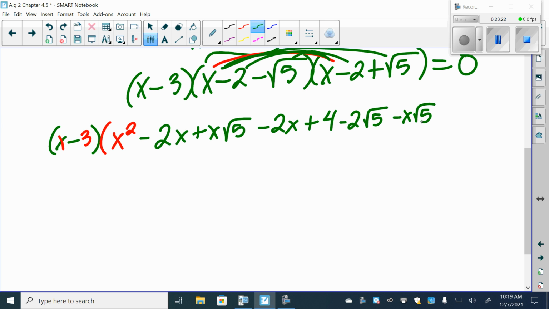Negative square root of 5 times negative 2 is going to be plus 2 square root of 5. And lastly, negative square root of 5 times square root of 5, well, the square root and square root would cancel, leaving us with just 5, because it would be the square root of 5 squared, or the square root of 25. Well, the square root of 25 is 5. The square root squared cancels out. We just got 5.